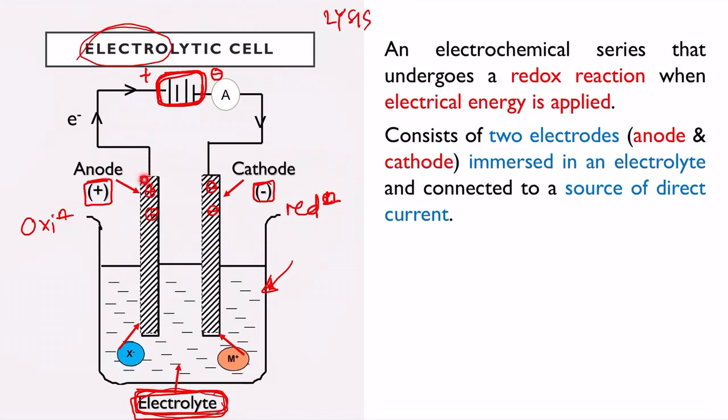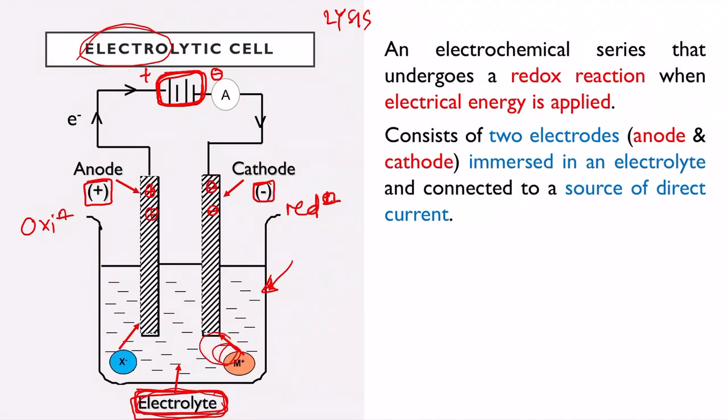Then your electron will travel through this wire and be received at your cathode, and then your ion that is discharged here will accept the electron to form the metal. What happened to the one earlier? It loses electron and becomes a gas or whatever.